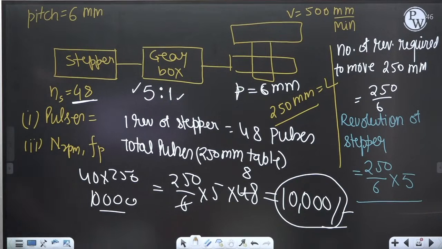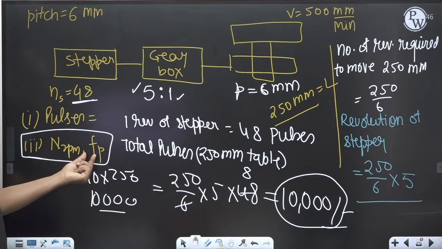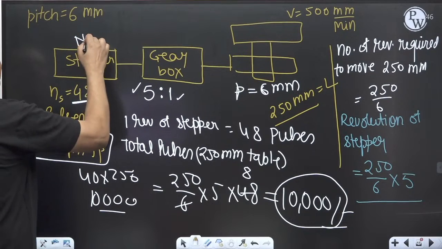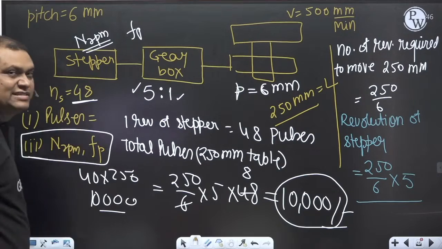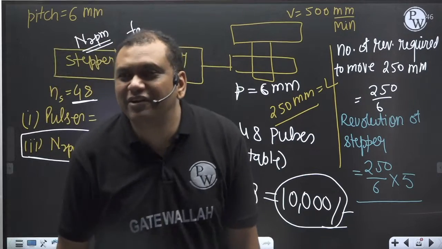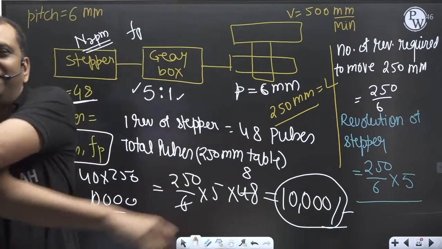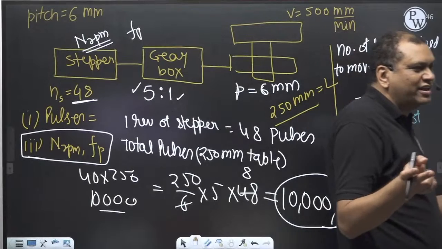Now I want all of you to give me the answer of this: the frequency of pulses and the RPM of the stepper. I want you to give me the answer. Try. No pain, no gain.